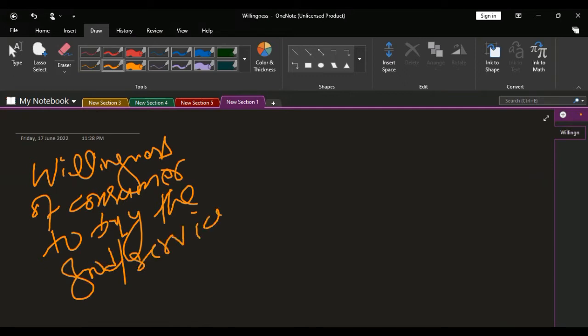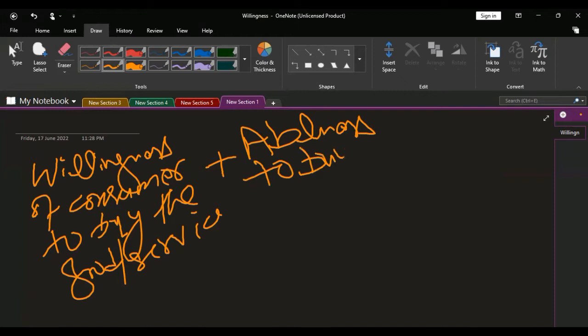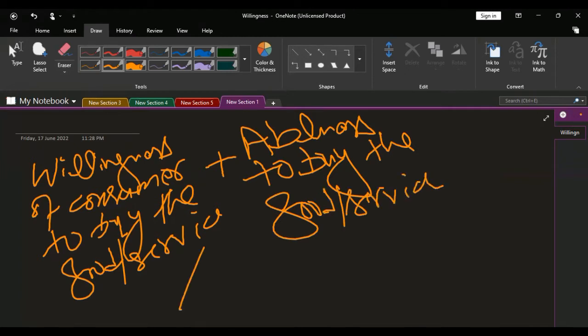Along with this willingness, there must be ableness to buy a good or service. If both conditions are fulfilled, that there is willingness to purchase something and the consumer is able to purchase the good, then such willingness and ableness together are called demand.